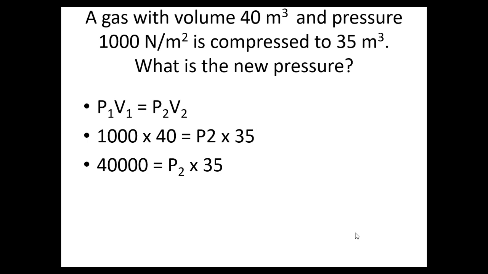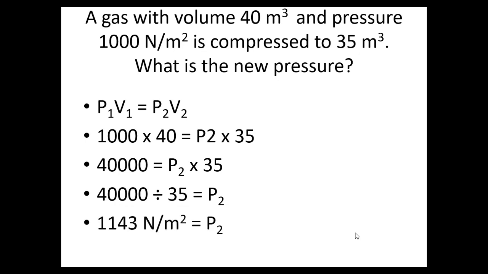And we've still got numbers on both sides, so we want to get that 35 onto the other side of the equals sign, leaving the unknown, the second pressure, on the other side. If it's times 35 on one side, it's divided by 35 on the other side. So that gives us 40,000 divided by 35 equals the second pressure. Now put that into our calculator and we find our new pressure is going to be 1,143 newtons per meter squared.